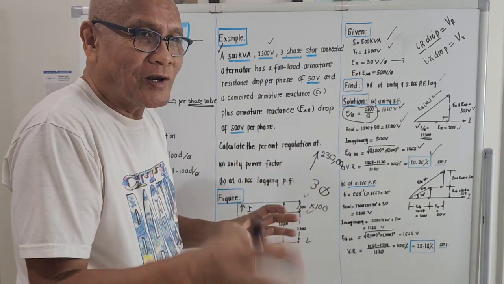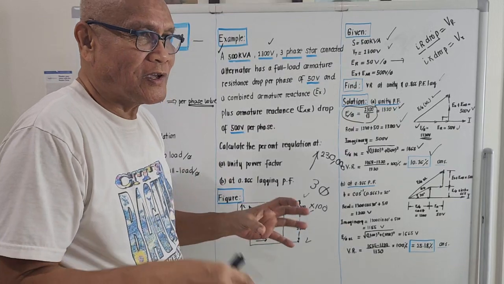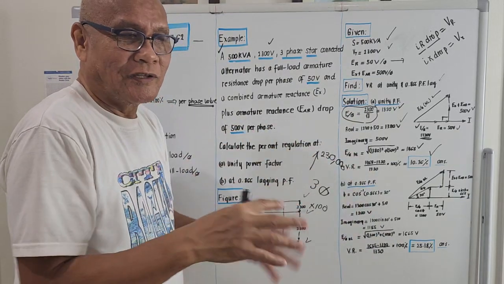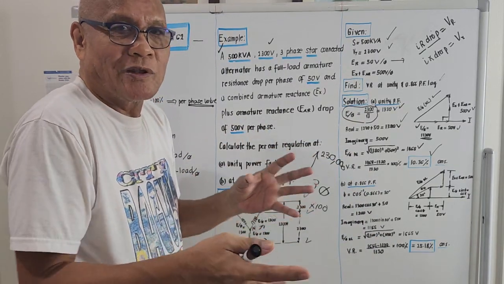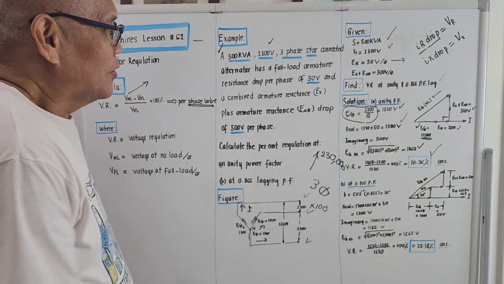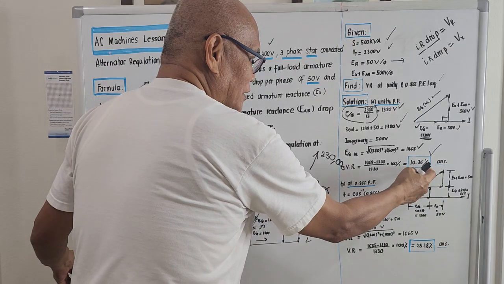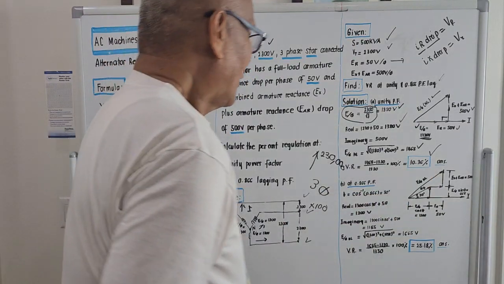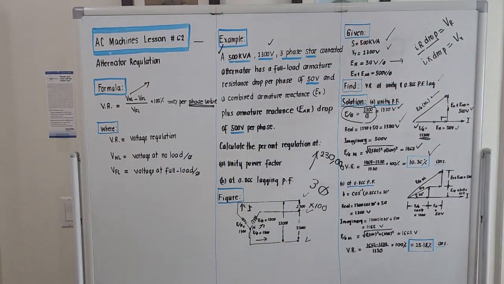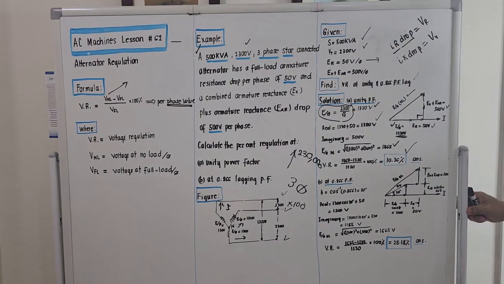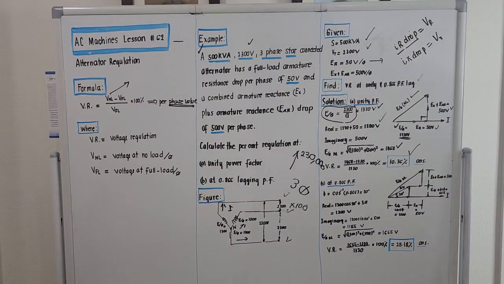But for an alternator, there is a physical movement. It's rotating, that's why there should be many losses. So at unity power factor, the voltage regulation will be 10.36%. At 0.866 power factor, it will still be the same approach, but the vector diagram of the voltages will be different.